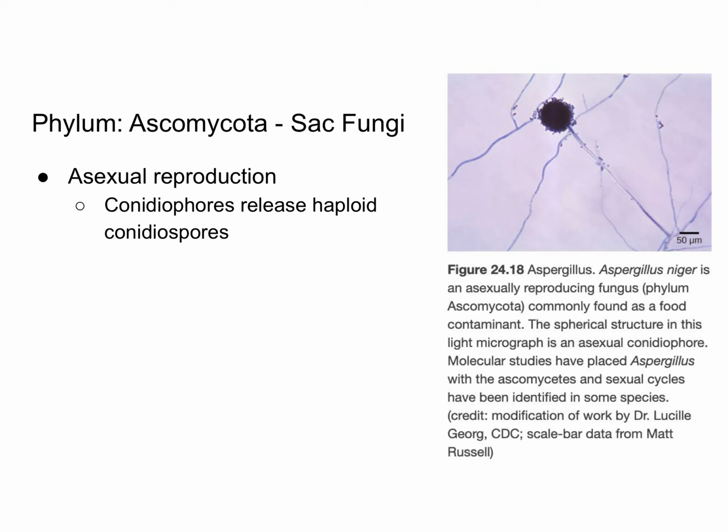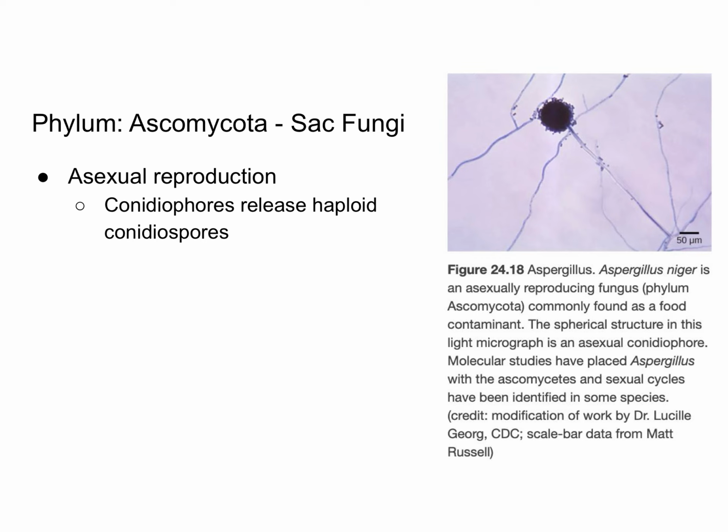Ascomycota fungi can do asexual and sexual reproduction. With asexual reproduction, conidiophores release haploid conidiospores. Conidiophores are structures that extend from the hyphae of the fungal organism.